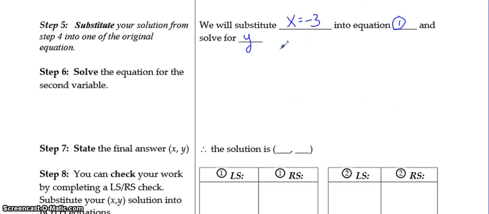So the equation was 4x plus 3y equals 3. So x is going to be negative 3. So 4 times negative 3 plus 3y equals 3. 4 times negative 3 is negative 12.